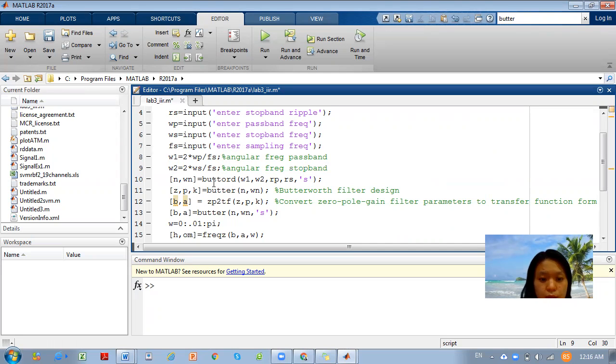Then these two values are entered here, Rp and Rs, the band pass ripple and the stop band ripple. Then S.